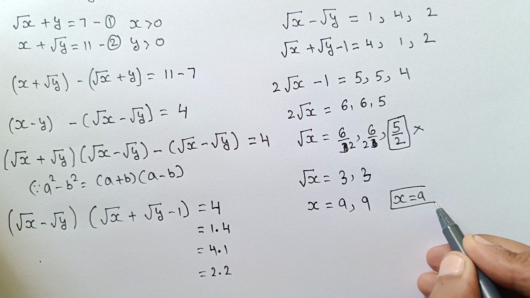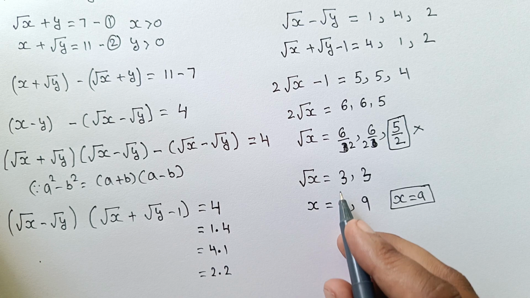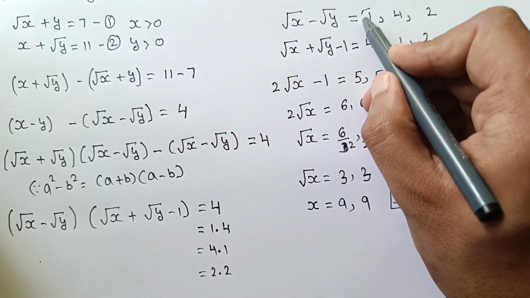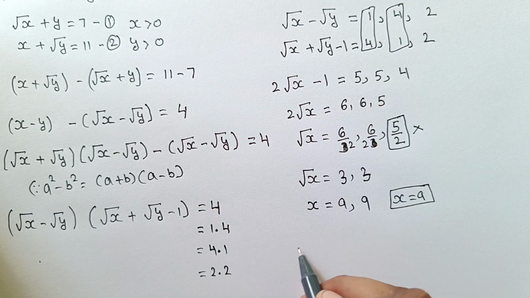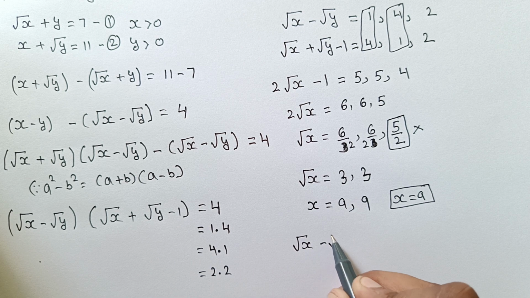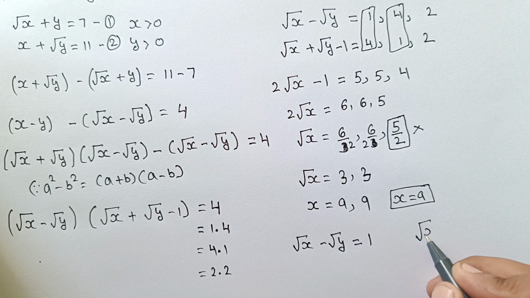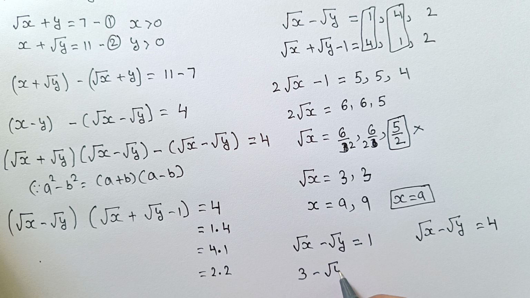Now we find the corresponding values of y. Root x comes out to be 3, and now we get the corresponding value when we solve these equations. That means root x minus root y is equal to 1, and root x minus root y is equal to 4. So we put root x equal to 3 here, that is 3 minus root y comes out to be 1.